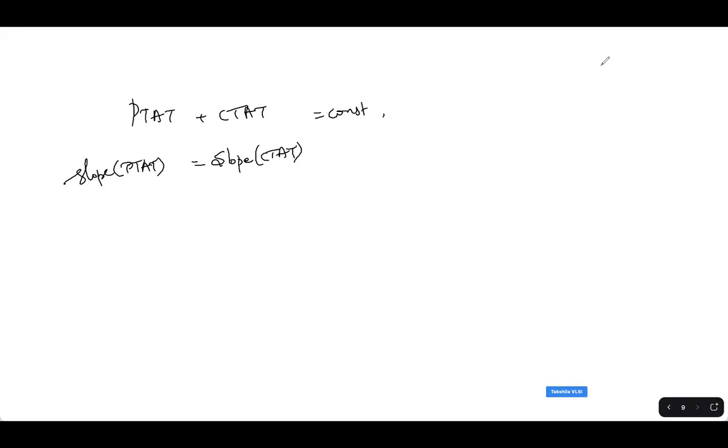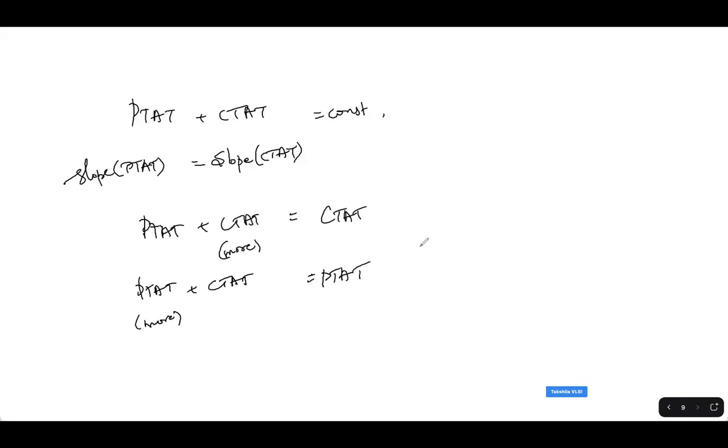If the slope is different, let's say the slope of CTAT is more than the slope of PTAT, then in PTAT plus CTAT the output voltage will always be a CTAT voltage. Similarly, if the slope is more here, then the output will be a PTAT voltage. As long as the slopes are equal, only then are you going to get a constant voltage all the time.